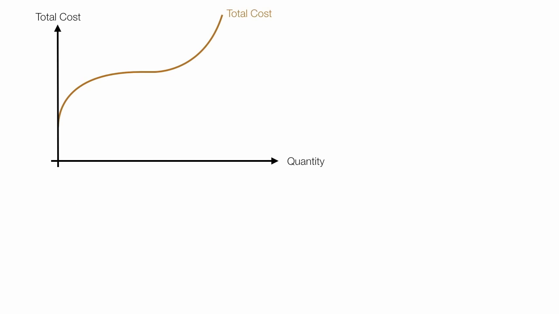Now I'm going to draw the marginal cost curve. For marginal cost, I take a quantity and a total cost. What I want to know is how much total cost increases if I increase quantity.